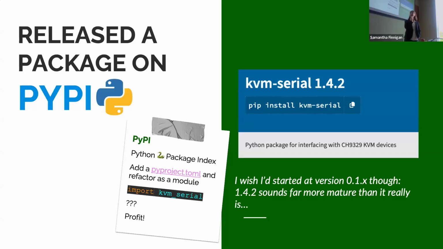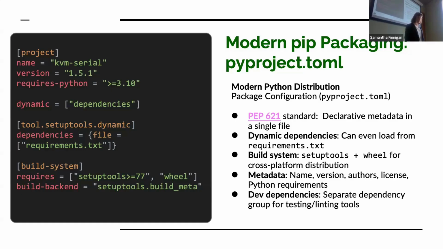It should have been version 0.1.x to really indicate the level of reliability at that stage. But that's okay. Now it's on PyPI. You can do import KVM serial to use it and use all of the code out of it if you wanted to write something else. So it's quite nice.